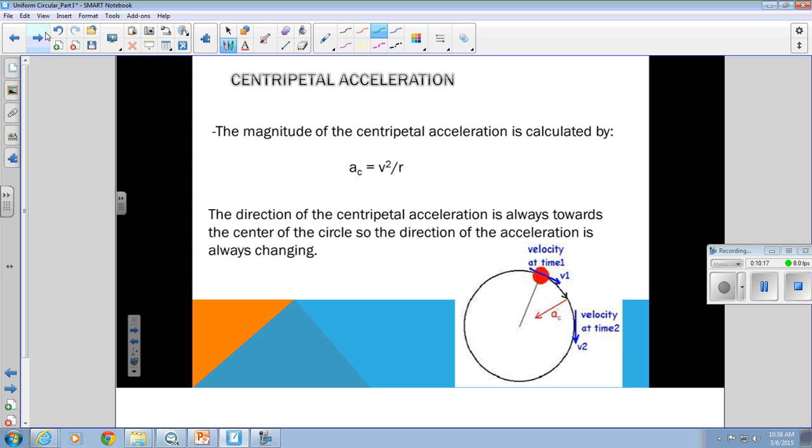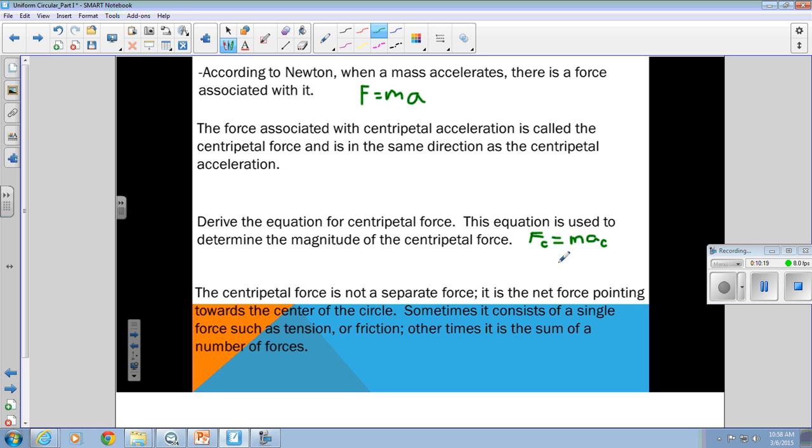So another way to write this equation, centripetal force is equal to the mass times velocity squared over the radius. One thing to note is the centripetal force is not some separate force. It's always the net force that's pointing towards the center of the circle.